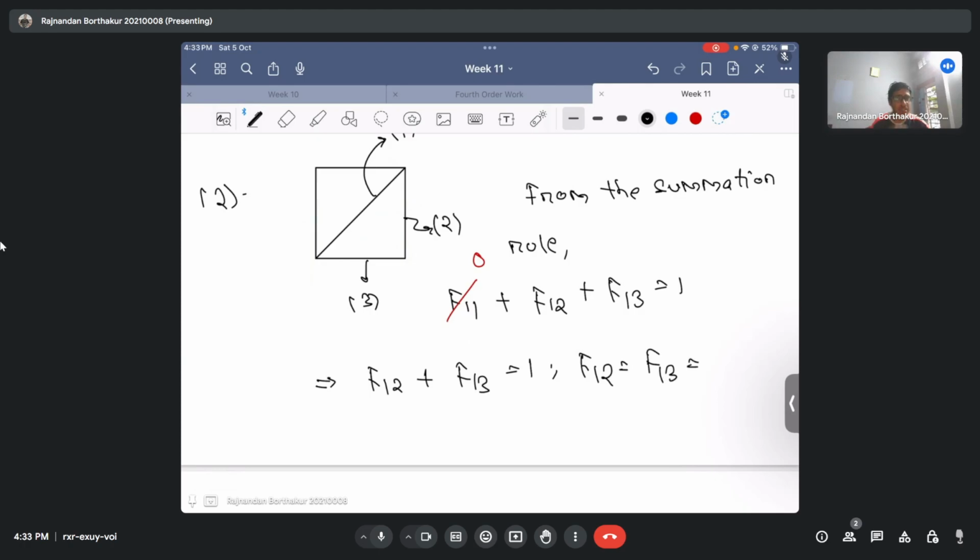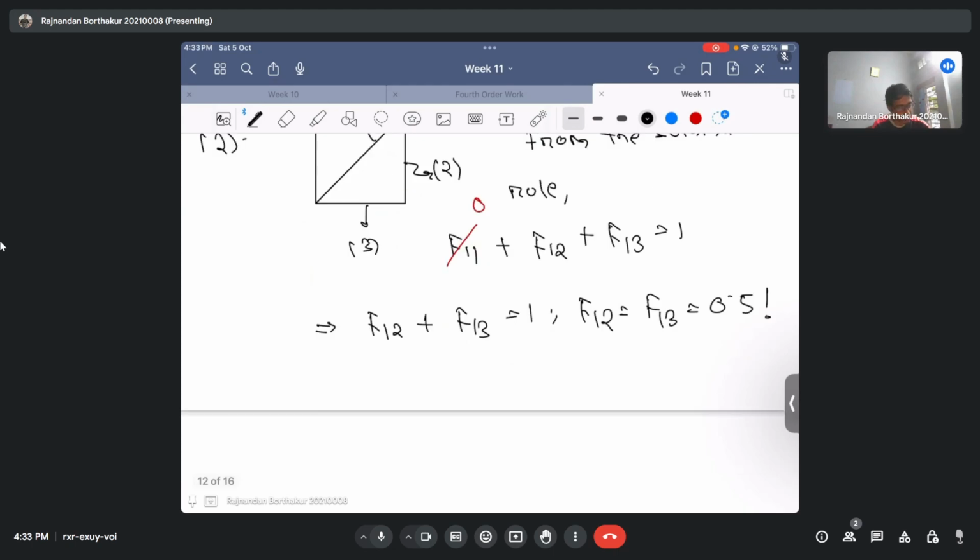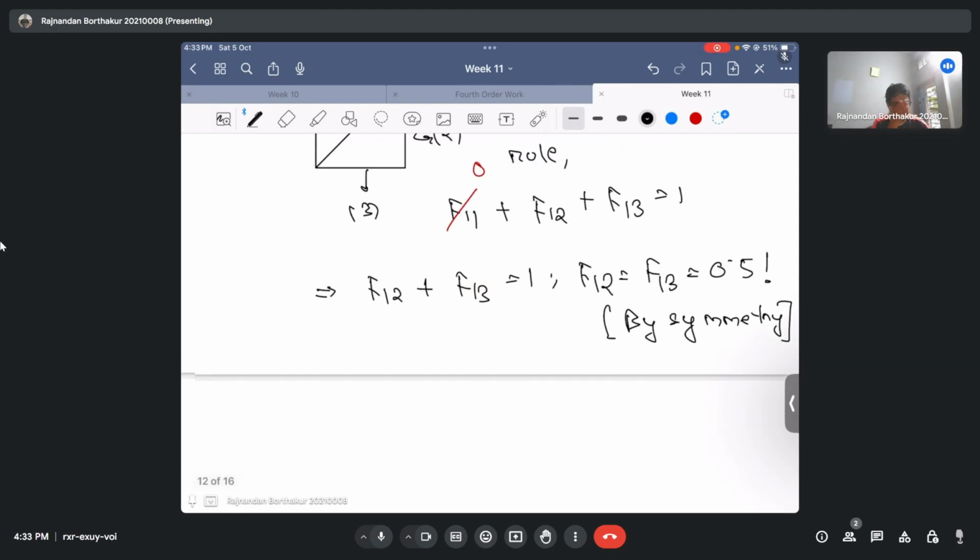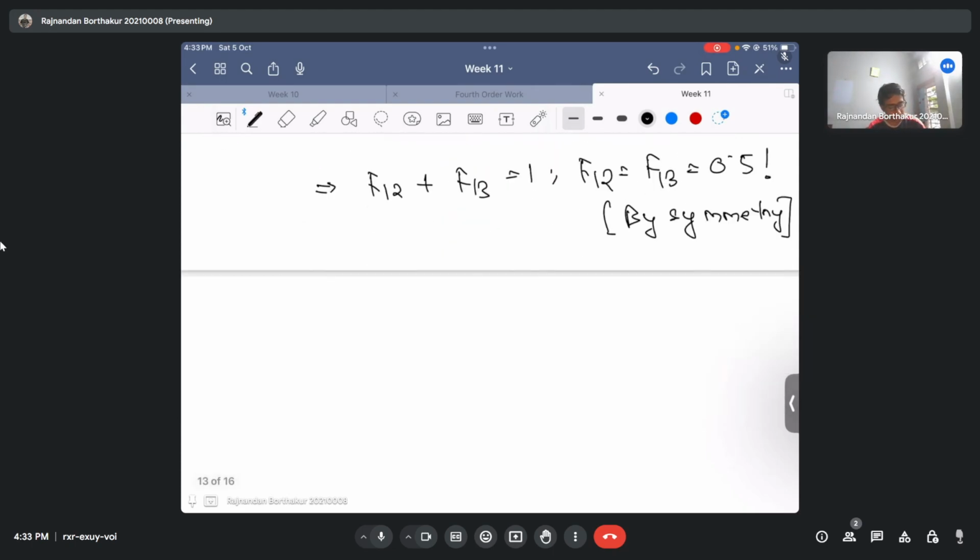Since their sum is equal to 1, the symmetry will assist us here, and F12 and F13 should each be equal to 0.5. That is solely because of the symmetry of the problem. So F12 is just equal to 0.5. This is the unknown F12 that we needed to calculate.